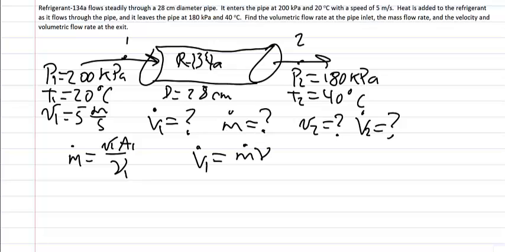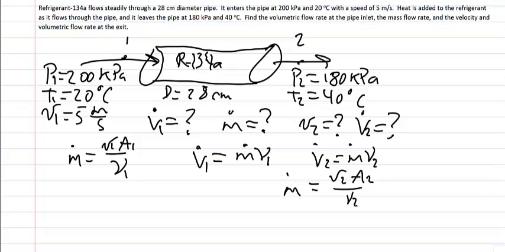So we need V dot 1 as m dot times specific volume v1. We also will note that V dot 2 is m dot times specific volume v2. And then lastly, we'll use the same mass flow rate equation, m dot, applied at point 2, so velocity times area divided by specific volume at point 2.